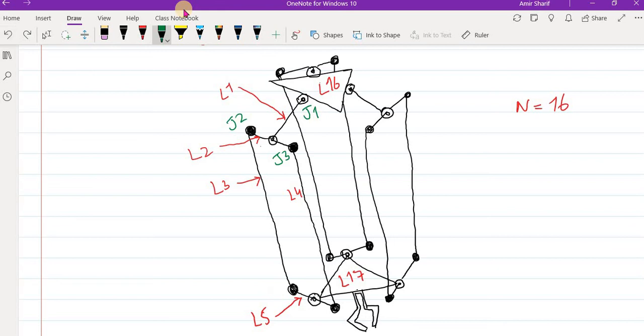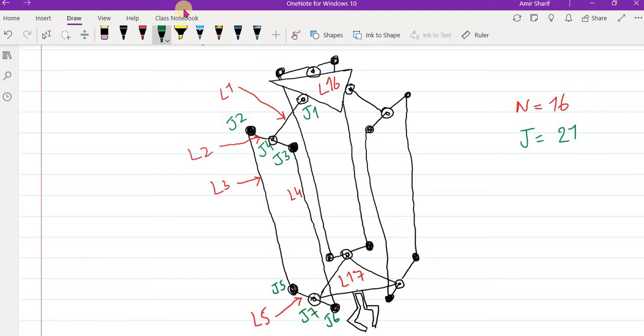J2, J3, J4. This is a Revolute joint again, and then J5, J6, and J7. So on one arm we have 7 joints, and the 3 arms combined have how many joints? 21.